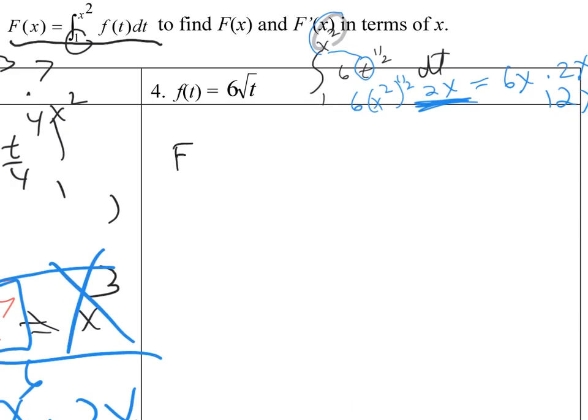Big F of x is the integral from 1 to x squared of 6t to the 1/2 dt.